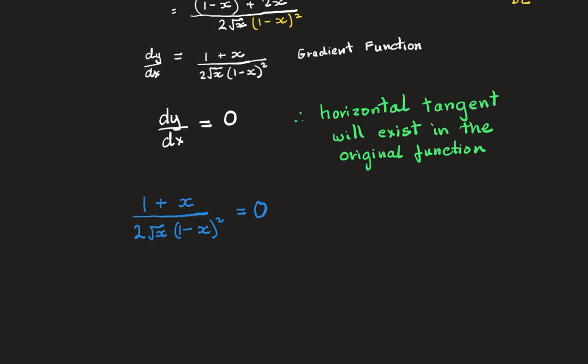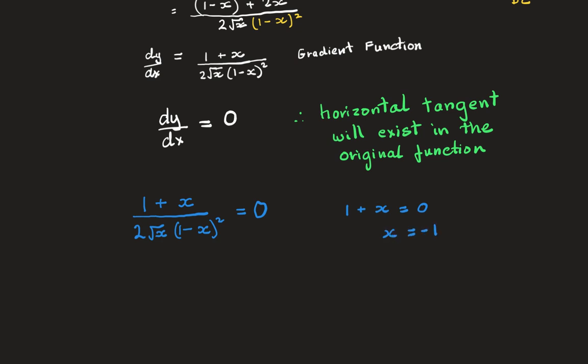So when I look at my function, when will this function be 0? Well, it will definitely be 0 if the numerator is going to be 0. In other words, it will be 0 when 1 plus x is equal to 0, which means that x must be equal to minus 1.